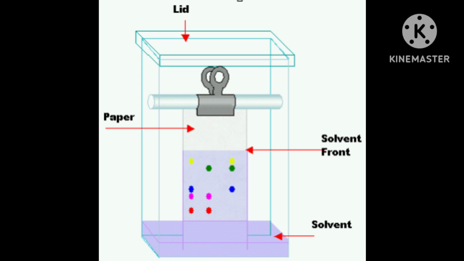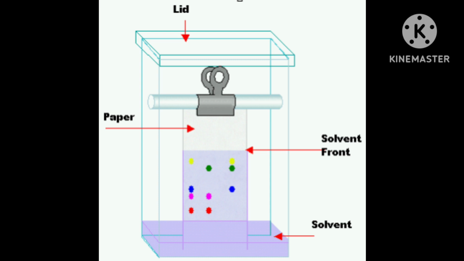The solution of the mixture which you want to separate, maybe two or three compounds mixed, is in the form of a solution. It is applied as a small spot about 2 centimeter above the end of the TLC plate. The plate size may be big, small or medium, as per your requirement.